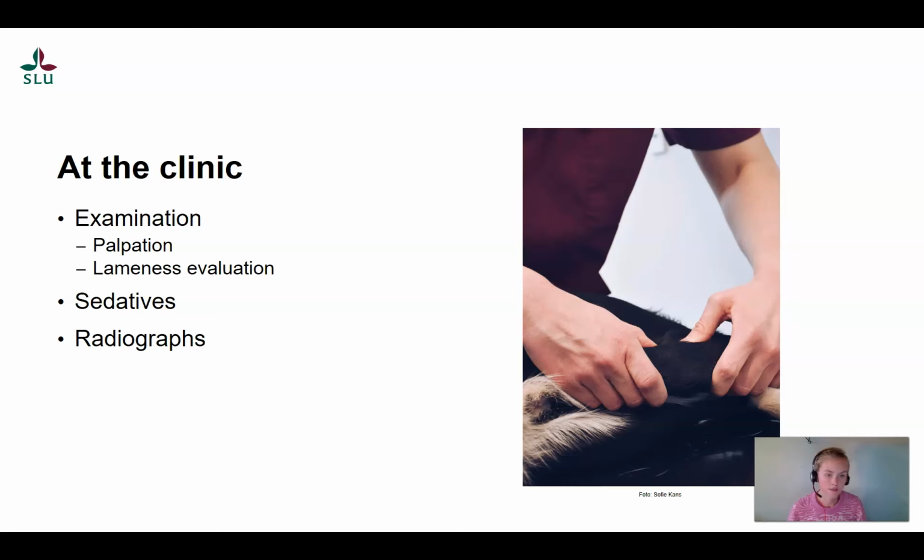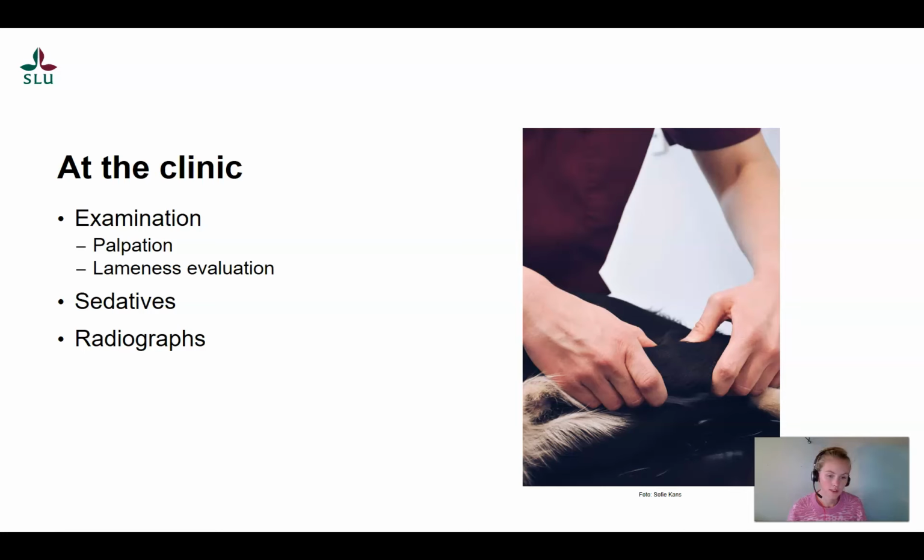And at the clinic, the vet usually palpates the affected joint and tries to elicit stifle joint instability. The severity of the lameness is also commonly evaluated in these dogs. And sedative medication is often used because pain can cause muscle contraction, and this can make it hard to evaluate stifle joint instability if the dog is awake.